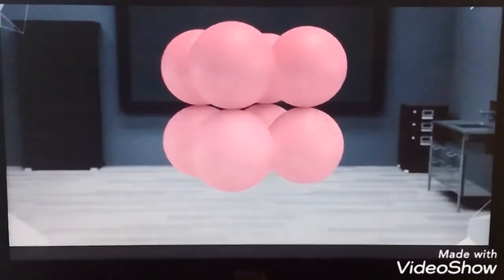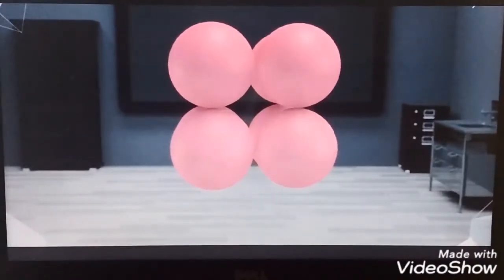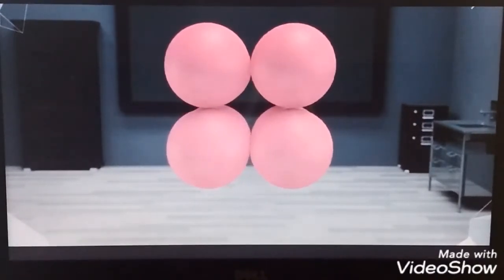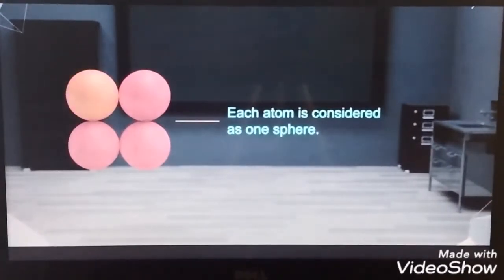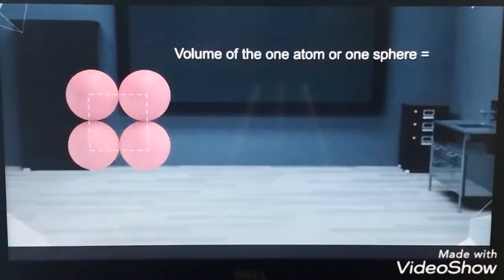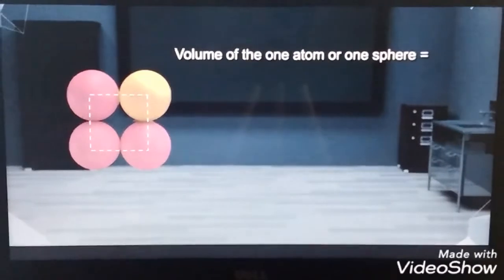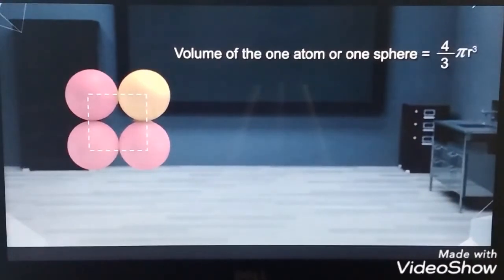Therefore, the particles are in contact with one another along the edge. The number of atoms per unit cell in a simple cube is only 1. Each atom is considered as one sphere. Volume of one atom or one sphere is equal to 4/3 πr³.